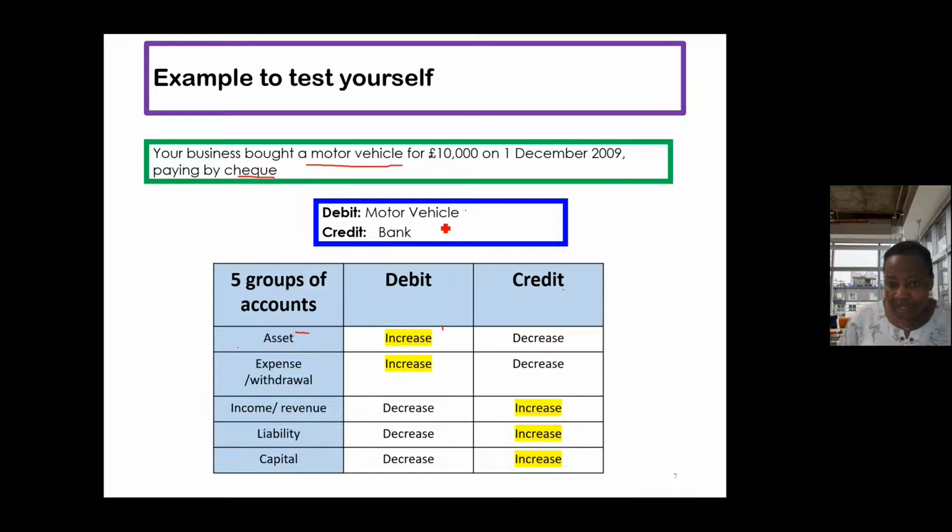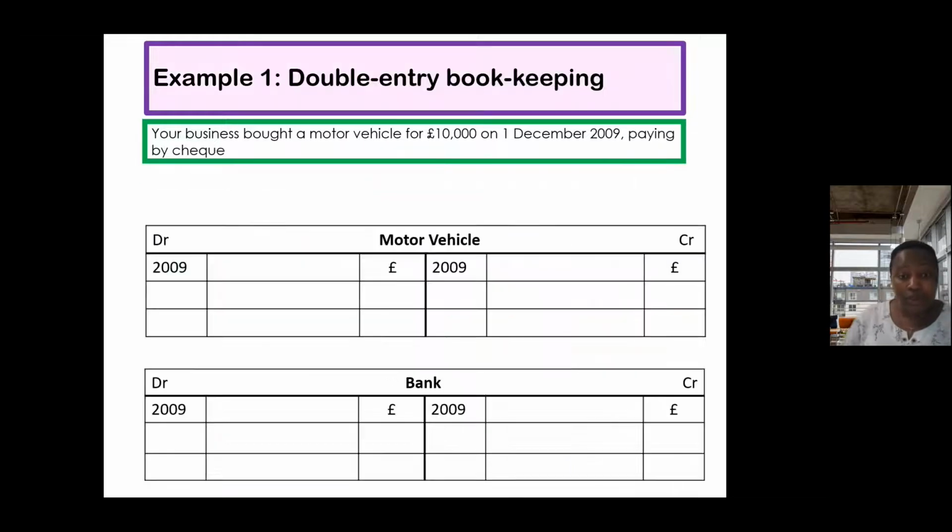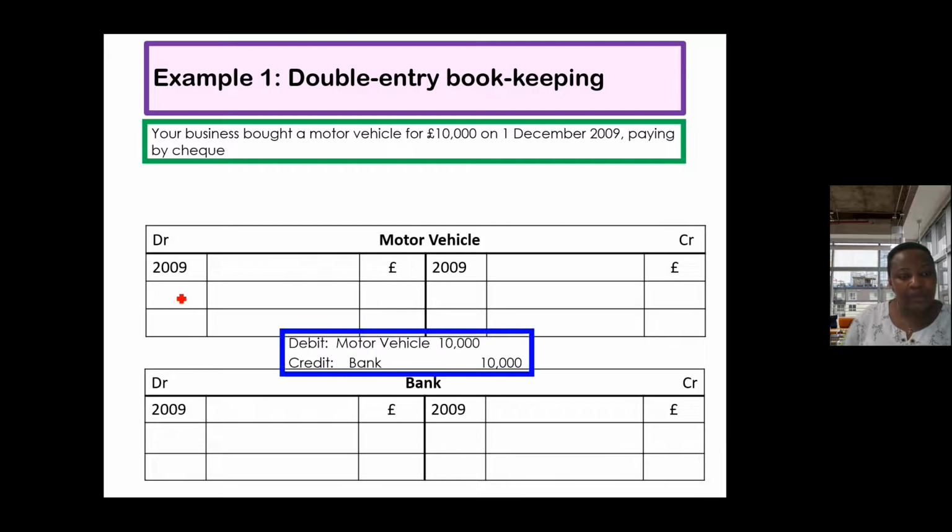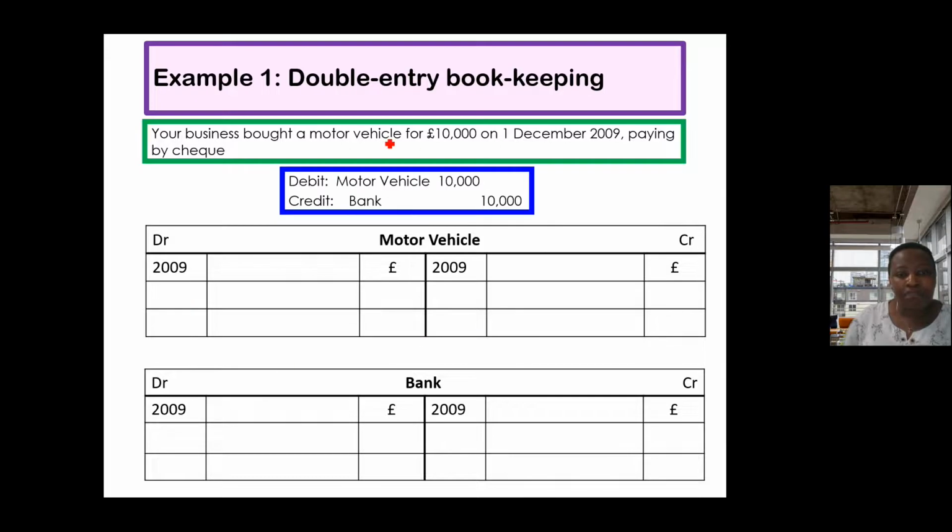So now we have 2 accounts that we're going to open in our ledger. We open a T account for both the motor vehicle as well as the bank, and then we'll post the transactions. So on the 1st of December 2009, we have the motor vehicle. Our motor vehicle increased because there was a deduction in bank.